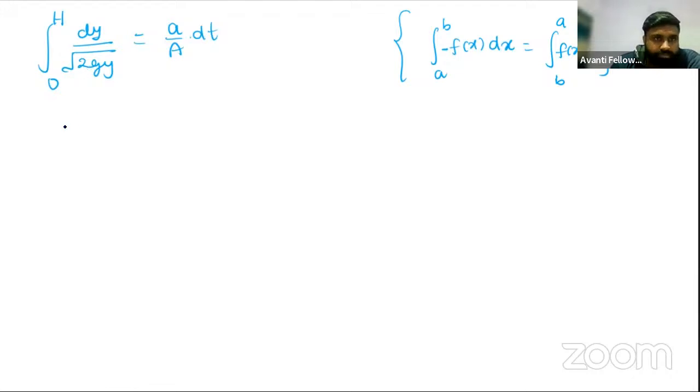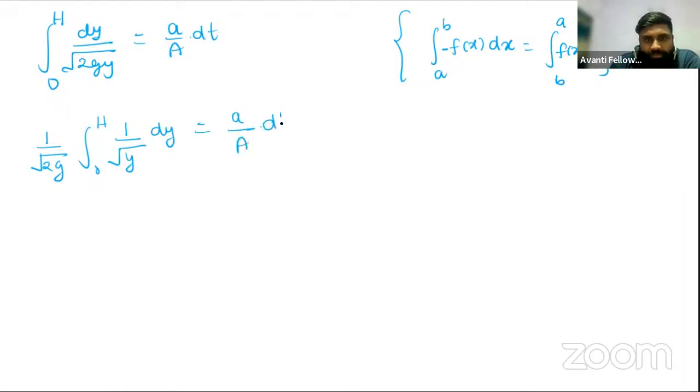Now this 1 upon root 2g is constant. So we can take it out. So 1 upon root 2g integration 0 to h 1 upon root y dy is equals to small a by capital A into dt. Okay.